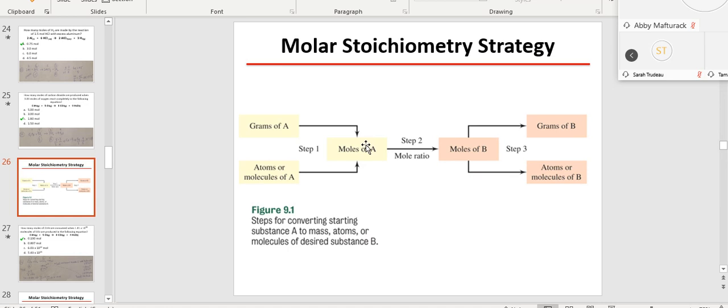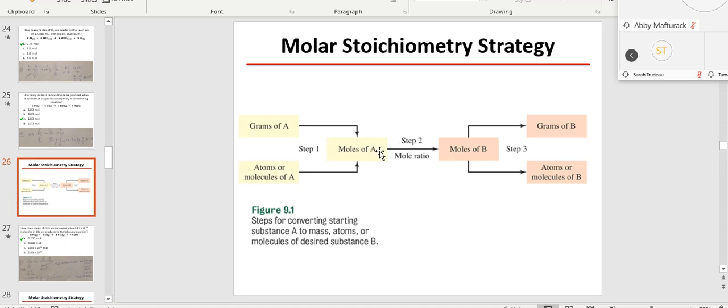Now, instead of giving you moles, I could give you grams. Instead of giving you moles, I could give you the number of atoms or molecules. Before you do anything, you have to convert either this one or this one, both of them. You've got to change them into moles, and then you do your box.